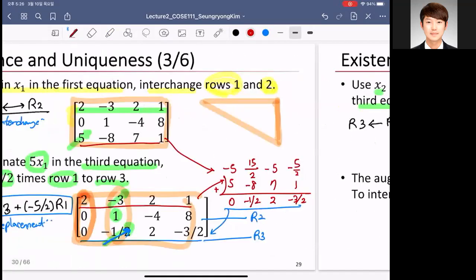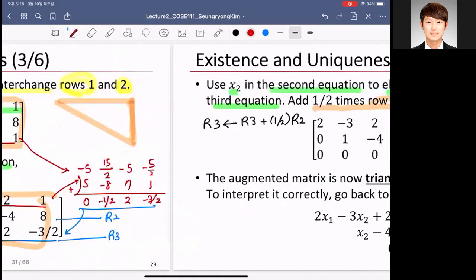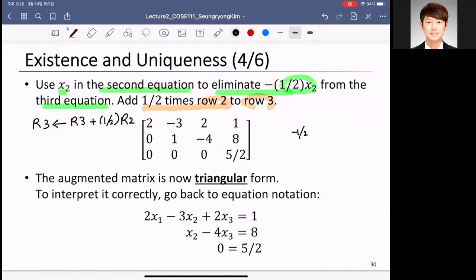the original R3 was negative 1 over 2, negative 3 over 2, negative 1 over 2. So, 2, negative 3 over 2, and 1 over 2 R3. It's going to be 1 over 2, negative 2, 4, right?